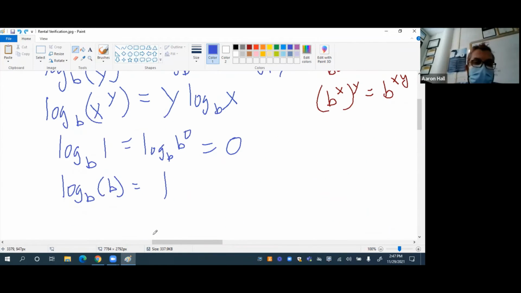So here I have log base b of b, which is to the power of 1. That's implied. So our answer is 1. And log base b of b to the power of n is just n.